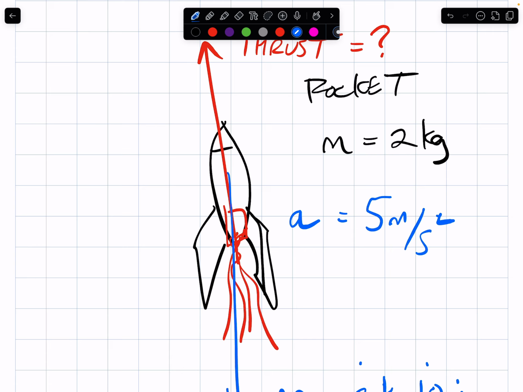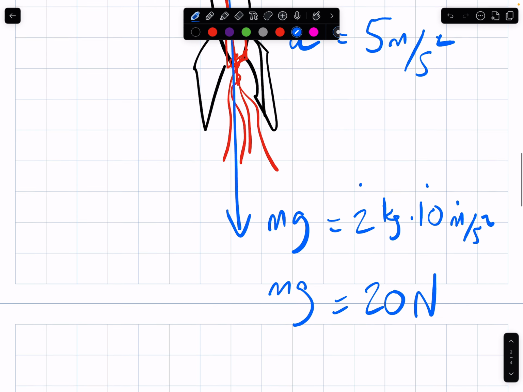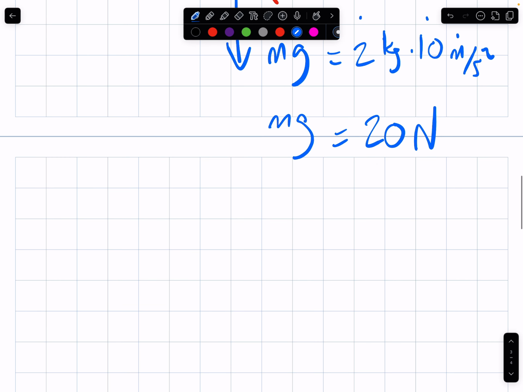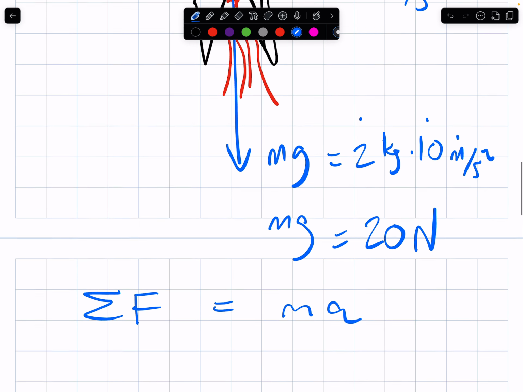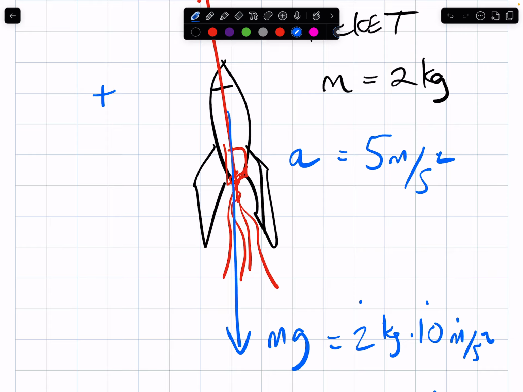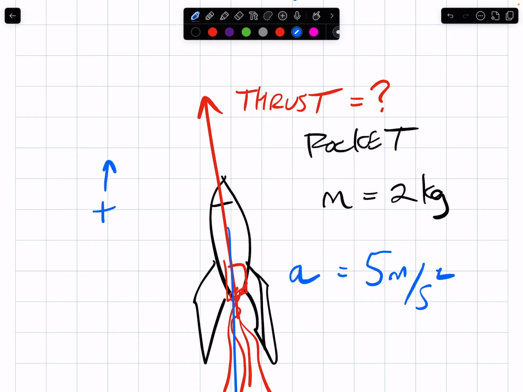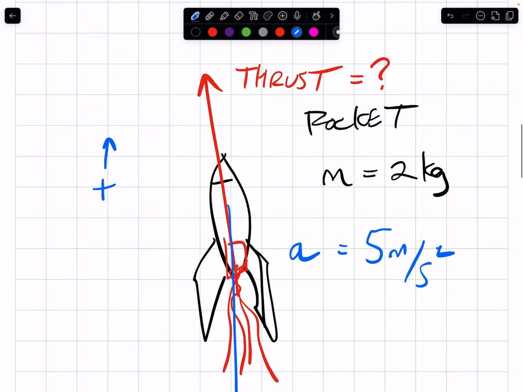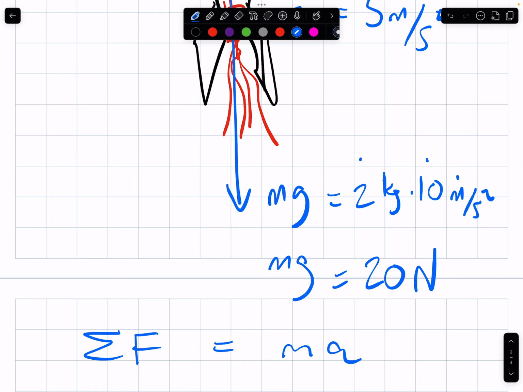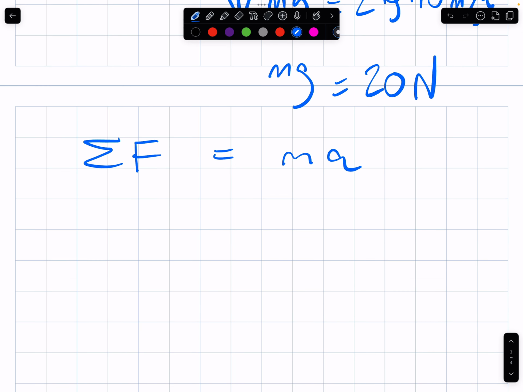That means it's going to be gaining speed 5 meters per second every second the engine is burning. So I'm going to write Newton's second law, which is net force equals ma. Once again, I'm going to let up be the positive direction. So I'm going to write here thrust minus mg equals ma.